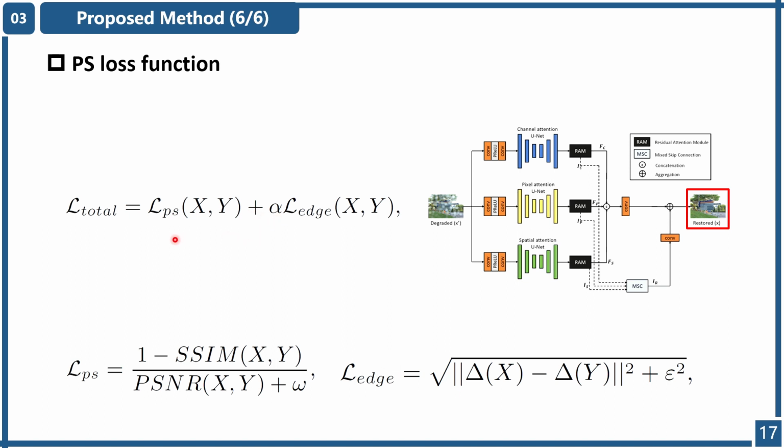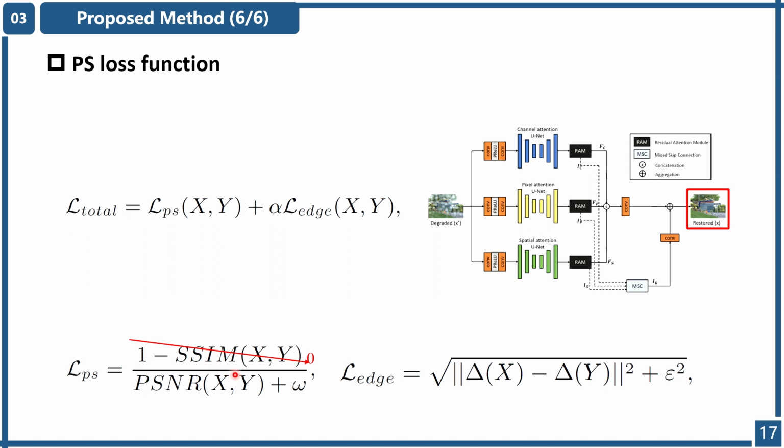Our loss function consists of two terms, the PS loss and the edge loss. The PS loss incorporates both PSNR and SSIM metrics. The closer the derained image is to the ground truth, the closer the SSIM value will be to 1, and by placing SSIM in the numerator, the overall loss decreases.